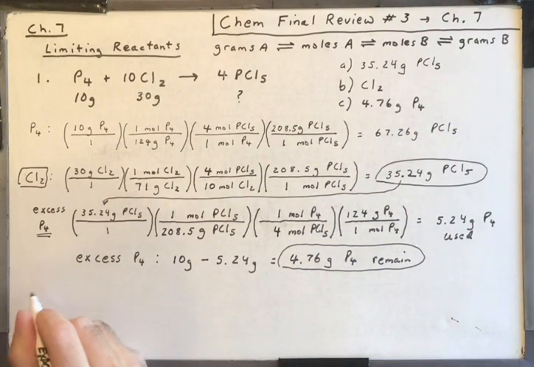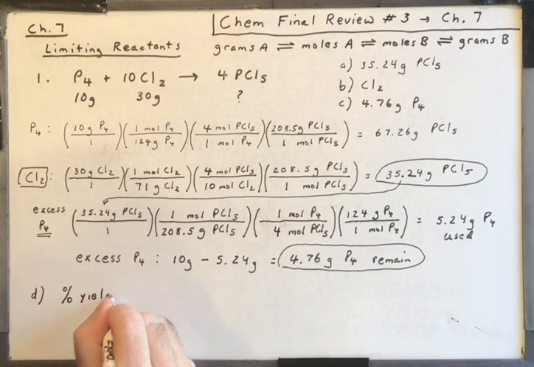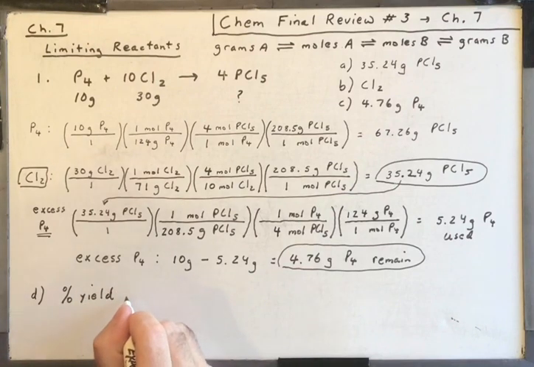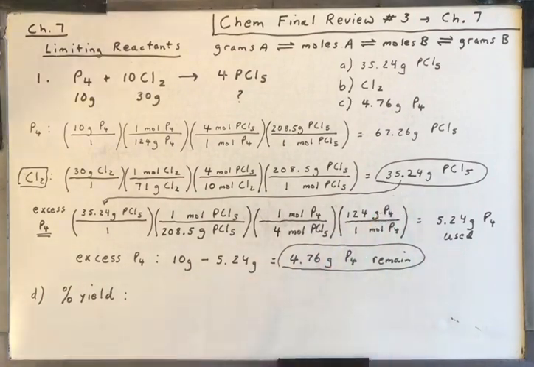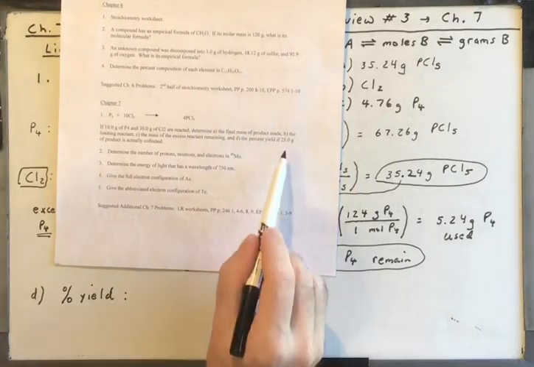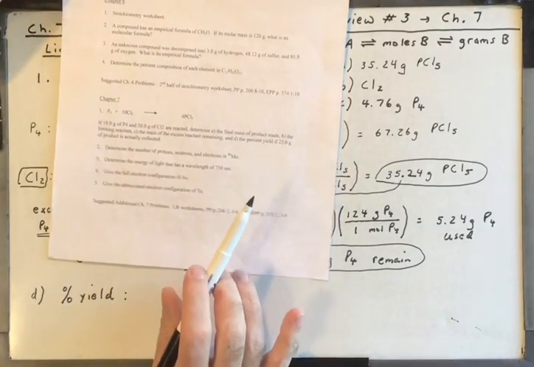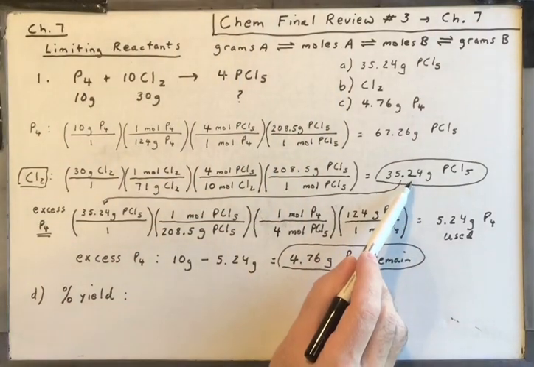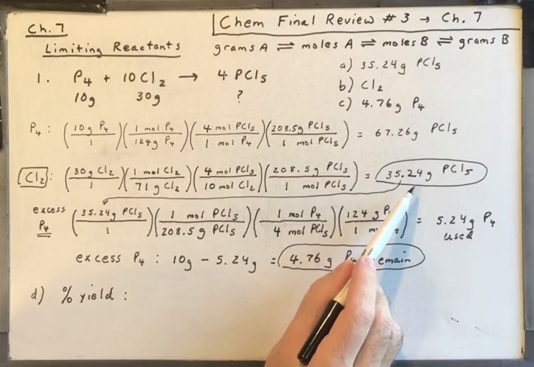Alright, the last question, question D, is percent yield. All right, percent yield, you take the amount of product from the question. It said 25 grams is actually collected. This 35.24 grams is if every single molecule collides and reacts, and that never happens in the real world.